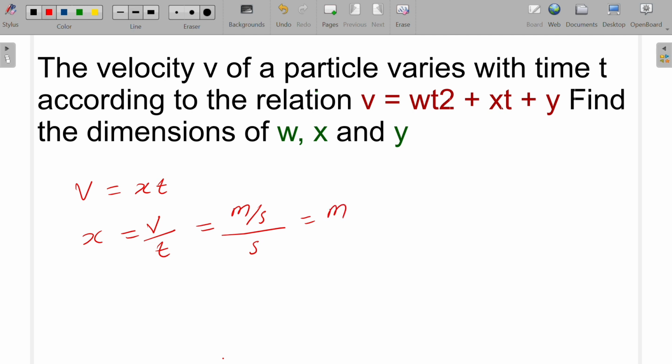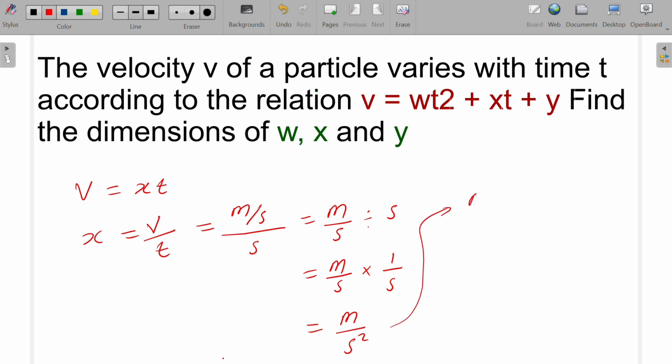Again, what we have here is the same as m over s divided by s on the other side. Switching this, we are going to have m over s multiplied by 1 over s. And this will just give us m over s to the power of 2.